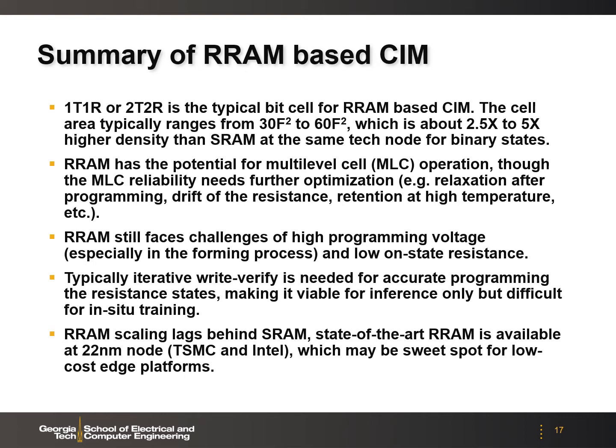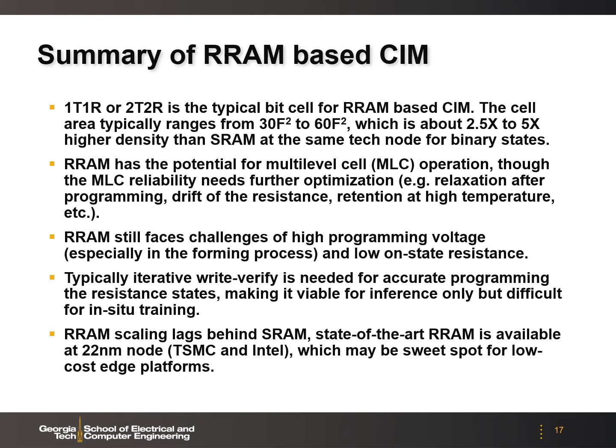RRAM technology generally faces challenges of high programming voltage, especially in the forming process, and the low on-state resistance. We will discuss more in the later slides. Typically, iterative read verify is needed for accurately programming the resistance states. This is doable for the inference-only design because we just need one-time programming, but may be challenging for the in-situ training.